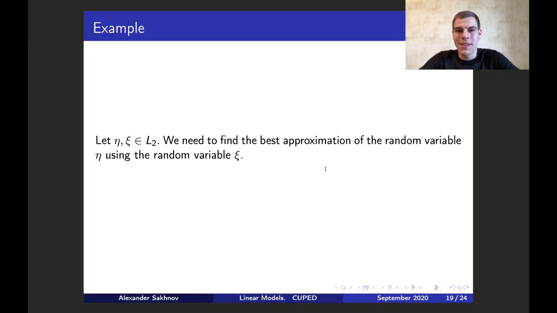Okay, that was the theory, and now let's go to practice. Let's say that we have two random variables, eta and xi, and we need to find the best linear approximation of the random variable eta using the random variable xi.